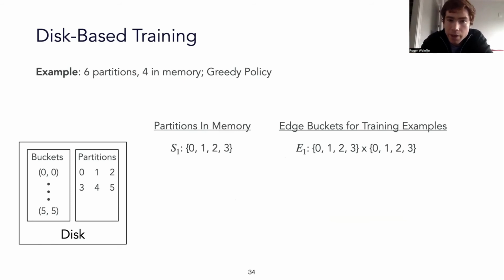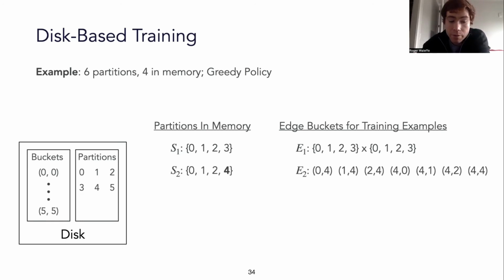Now let's assume that we want to iterate over all graph edges stored on disk once for training. So in a greedy manner, we can start by generating mini batches using all the edges between the 4 partitions 0, 1, 2, and 3, which are currently in memory. And these are the edges contained in the 16 pairwise edge buckets between the 4 partitions, which we'll denote with E1.